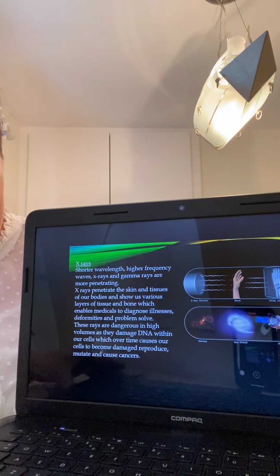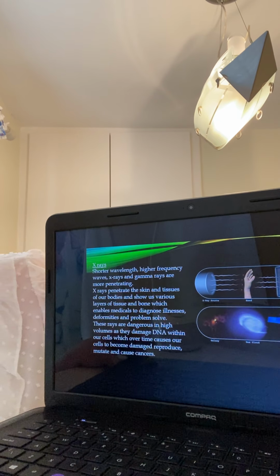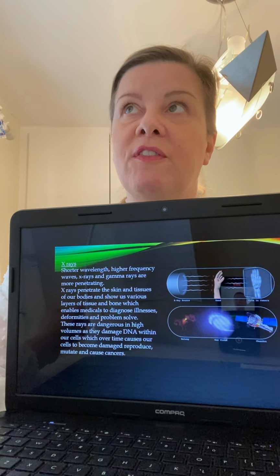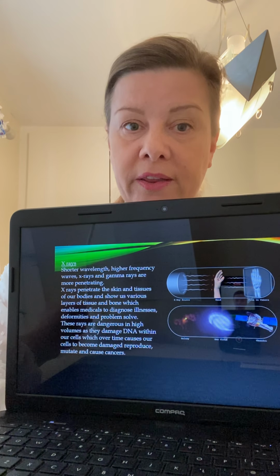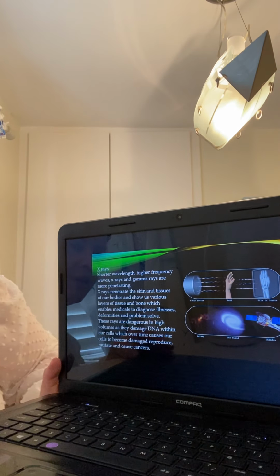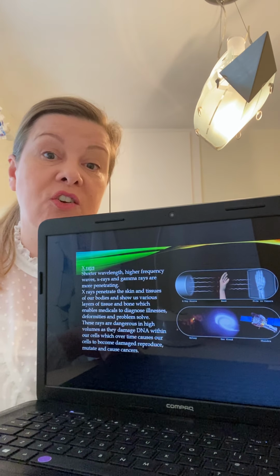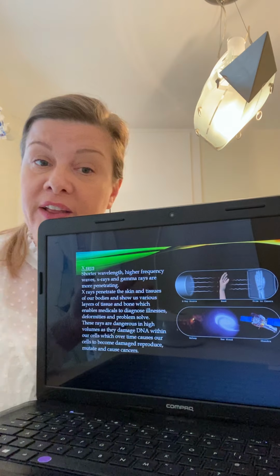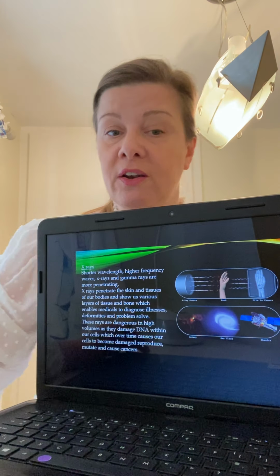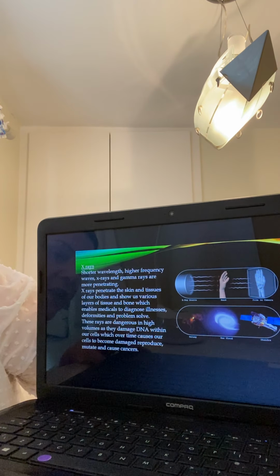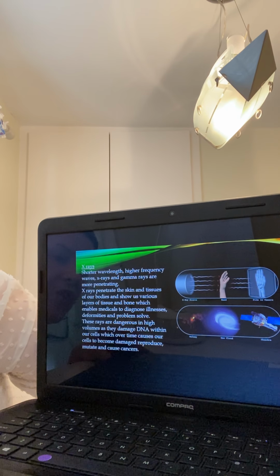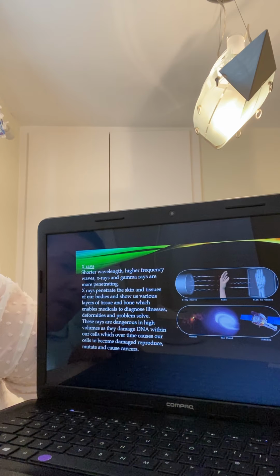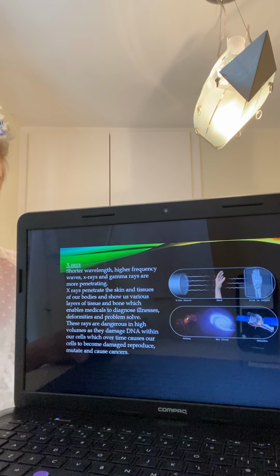We're moving on to X-rays now. X-rays are at the other end of the spectrum. They have the strongest frequency, but the shortest wavelength. They penetrate the skin and reflect off the inner tissues of the body, which means that we can see bone tissue and layers of tissue to diagnose illnesses.